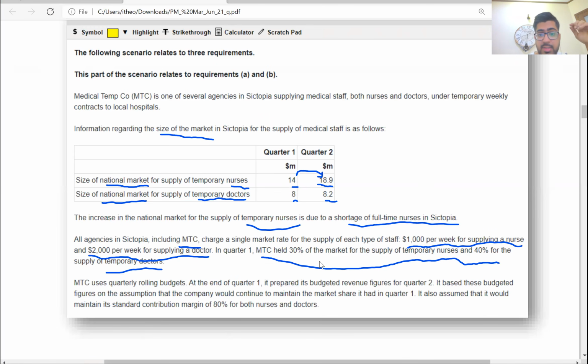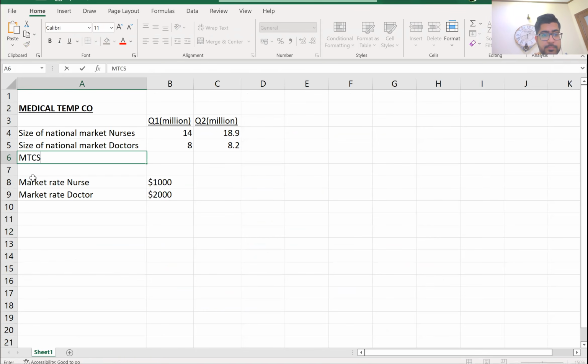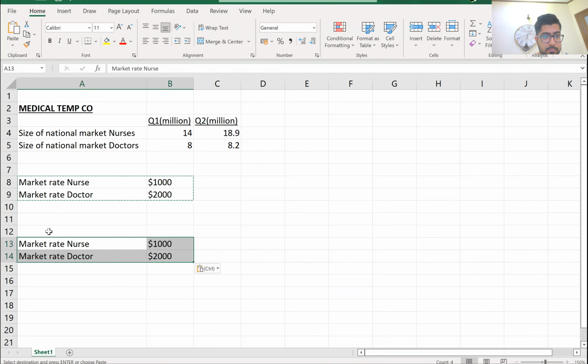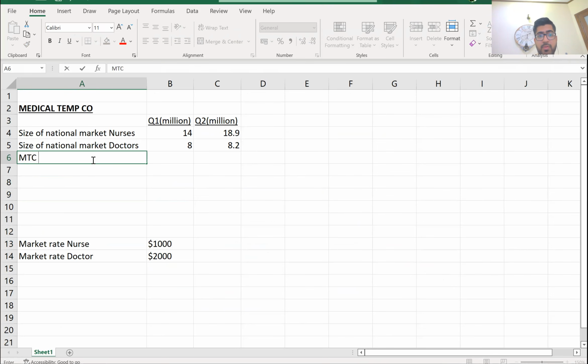In quarter one, MTC held 30% of market for nurses and 40% supply for doctors. This is a very interesting thing. Pay attention. In quarter one, it's stating MTC held 30% share in nurses and 40% share in doctors.